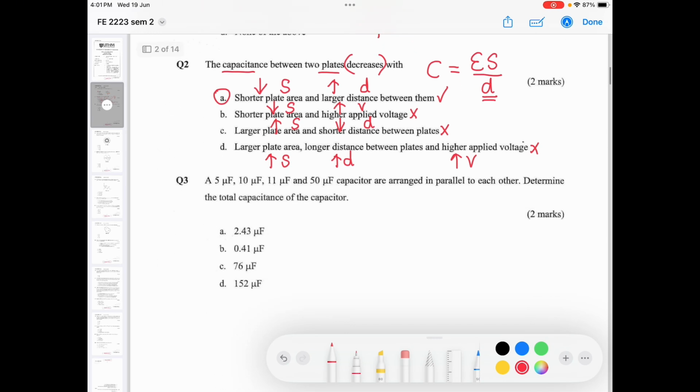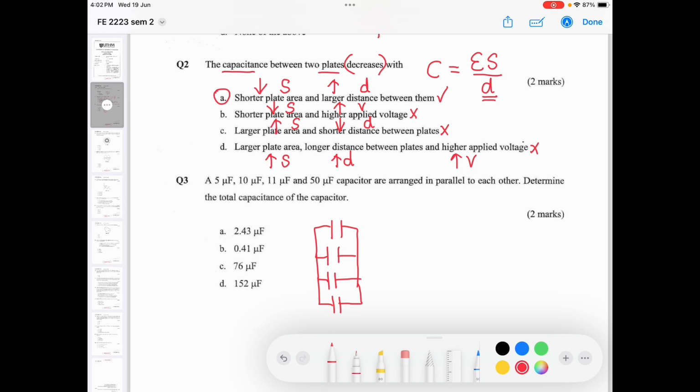Okay, next one. So you have many capacitors and they are arranged in parallel to each other. Parallel, what is the meaning of parallel? This is the parallel configuration. So you have 4 capacitors in parallel.